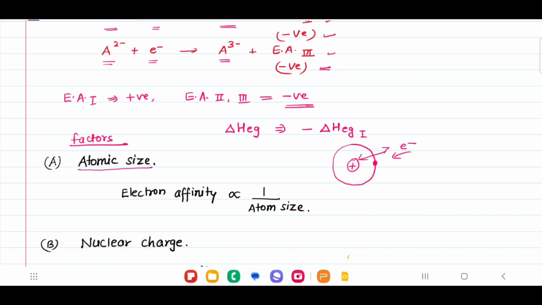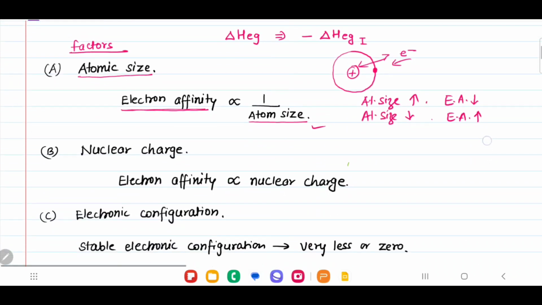So energy released will be very less. In this case we can say that electron affinity is inversely proportional to the atomic size. If the atomic size is more, electron affinity will be less, and if the atomic size is less, electron affinity will be more.